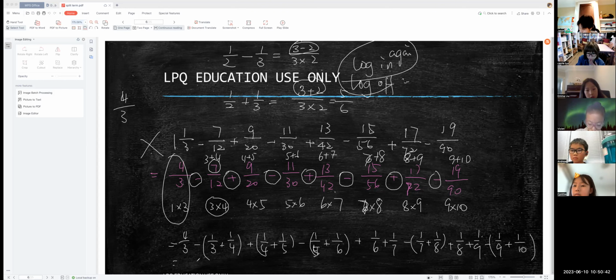Okay, so if you take this out, 4 over 3 minus 1 over 3 minus 1 over 4, because the two numbers that are subtracted add up as minus minus, right?